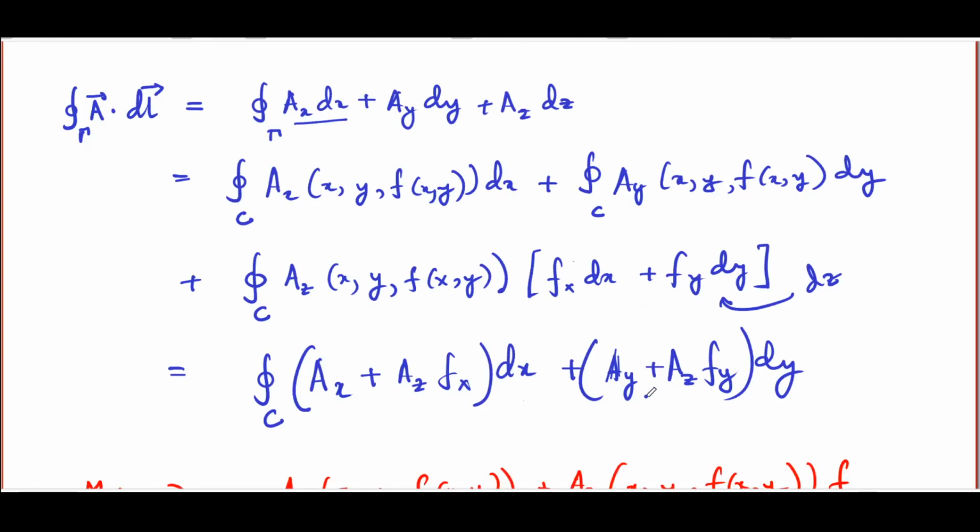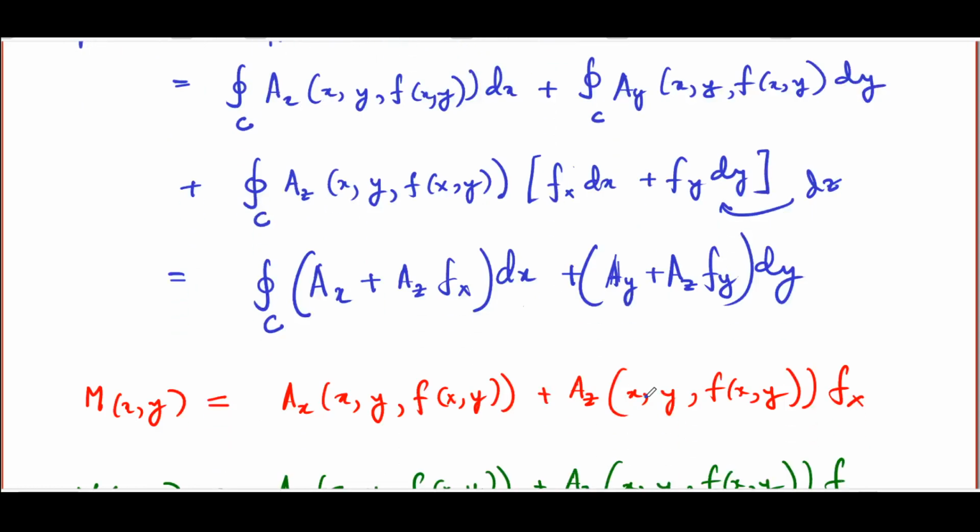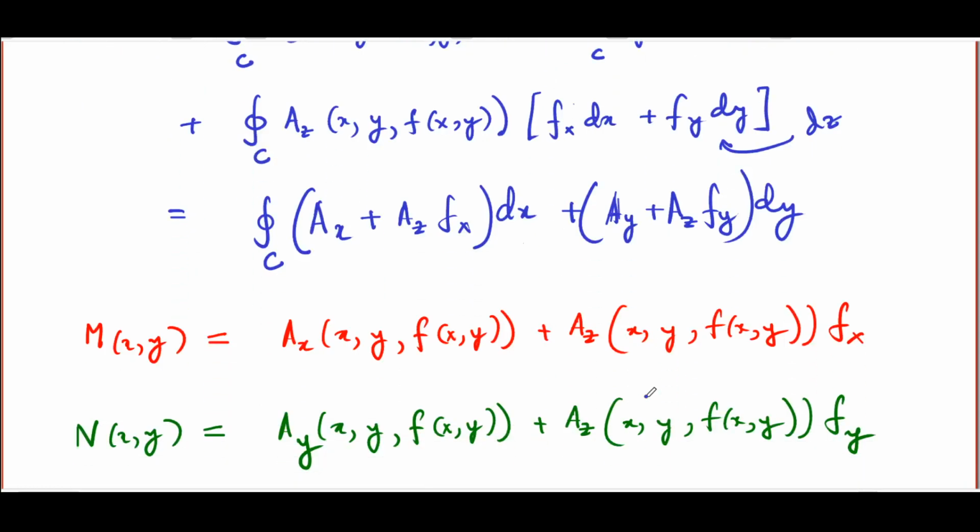So this is of the form m dx plus n dy, where m is a function of xy given explicitly by ax with arguments x, y and f of xy, plus az with arguments x, y, f of xy times del f del x, what we have shortened to fx here.